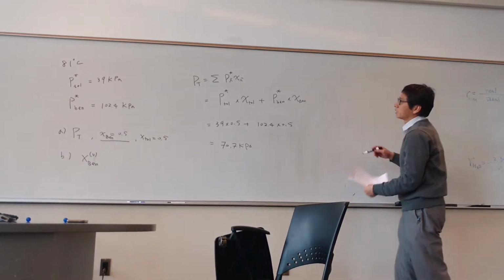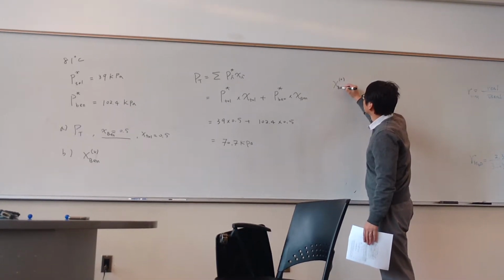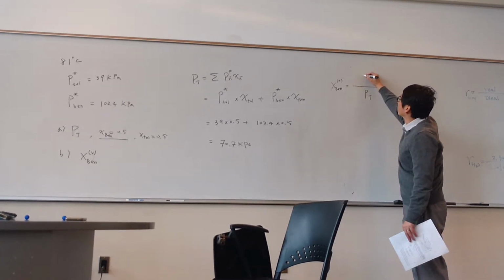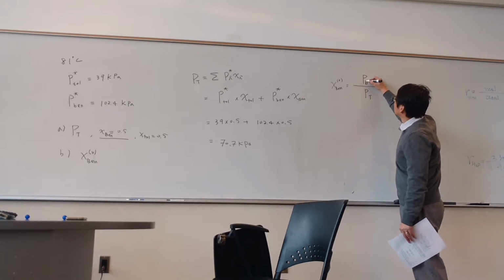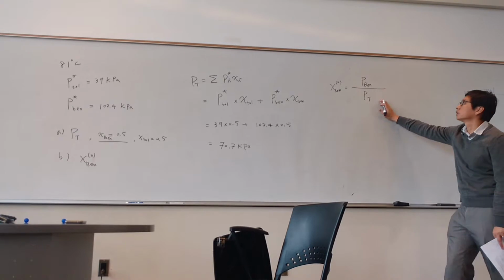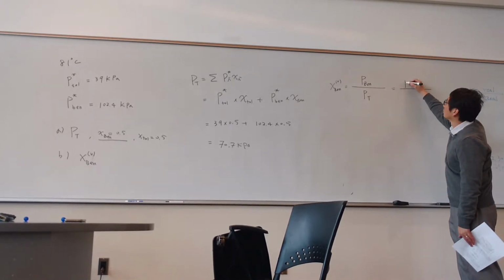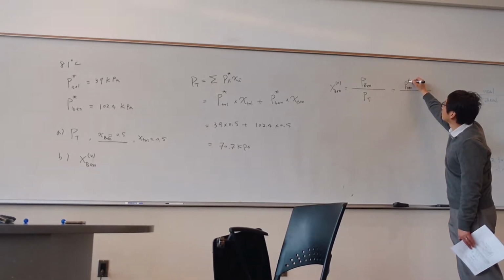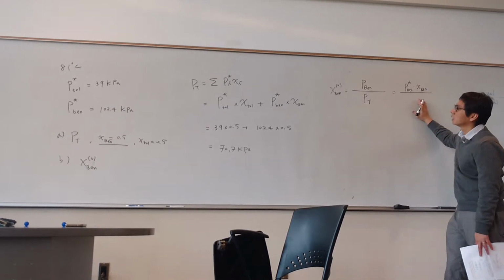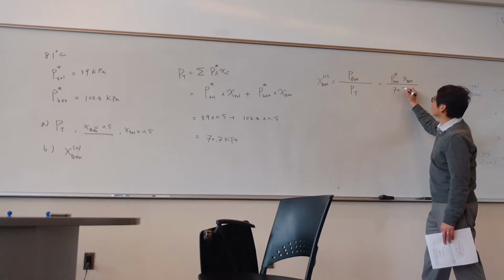The second question is, what is the X benzene in the vapor phase? This equals the vapor pressure of benzene compared to the total vapor pressure. P benzene equals P benzene star times the mole fraction of benzene in the solution, divided by the total pressure, which is 70.7.